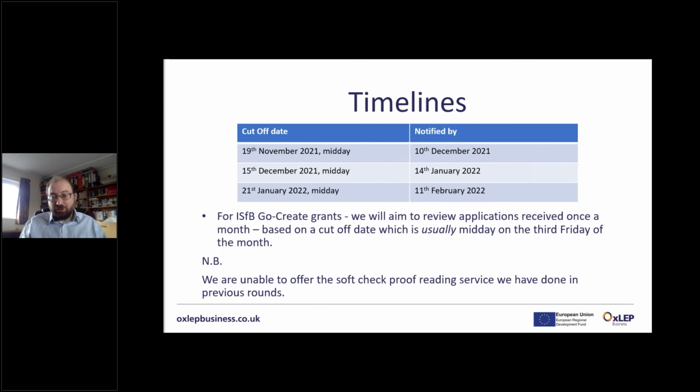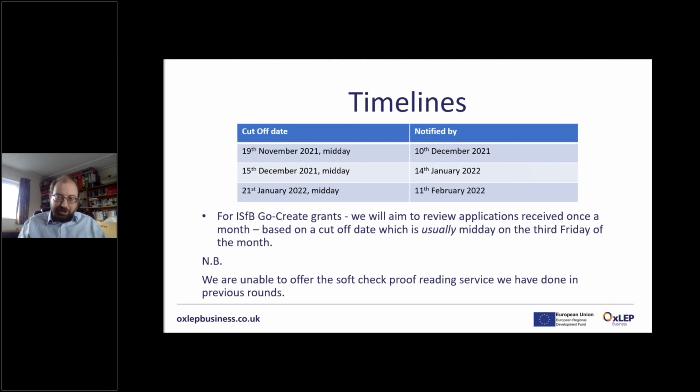The reason for that is fairly straightforward. Christmas and New Year fall there, and Oxlep's offices formally close for around about a week over Christmas, so we do need to build that in and manage people's expectations. Within January, we go back to midday on the third Friday closure date, so that's the 21st, with a notification by the 11th of February.